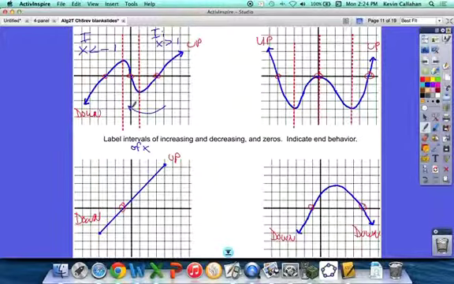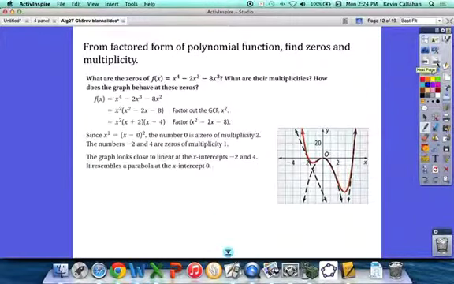You use a three-part inequality, right? That's how you say in between. So we'll say it's decreasing, -1 is less than x is less than 1. In between those two values, it's going down.